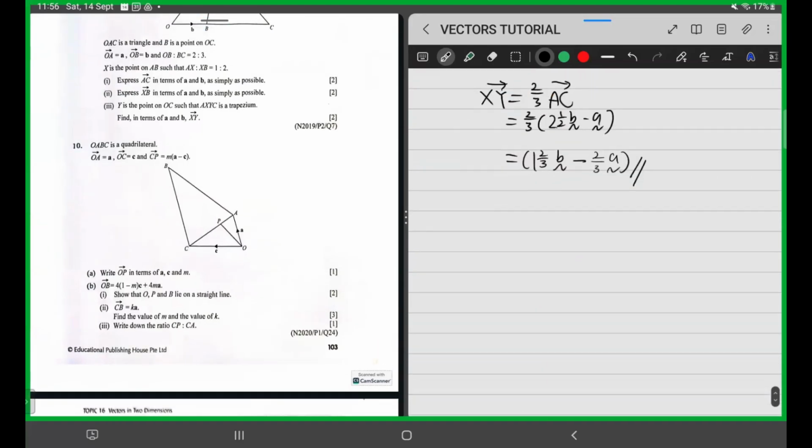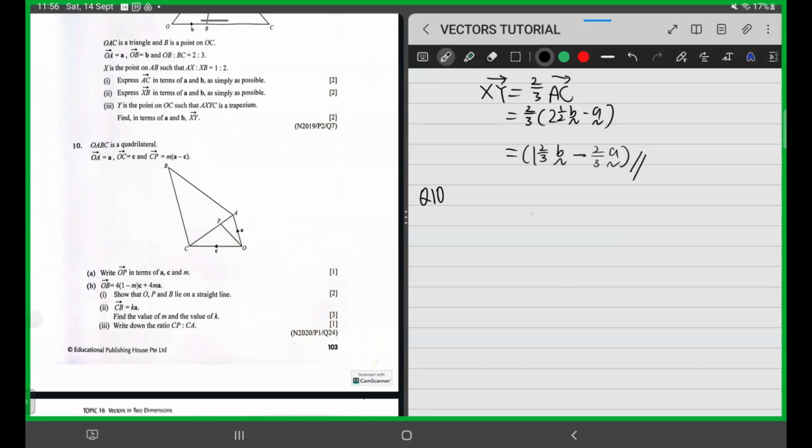All right. Next question, question 10. Okay, so we have a quadrilateral, and this quadrilateral is a composite quadrilateral, meaning to say it is not a fixed shape, it's made up of many different shapes. So over here, and over here.